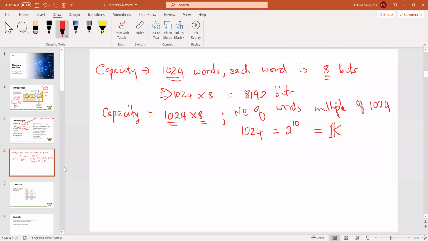So 2 to the power 10 is equal to 1k, and so my capacity here can therefore be described as 1k by 8.